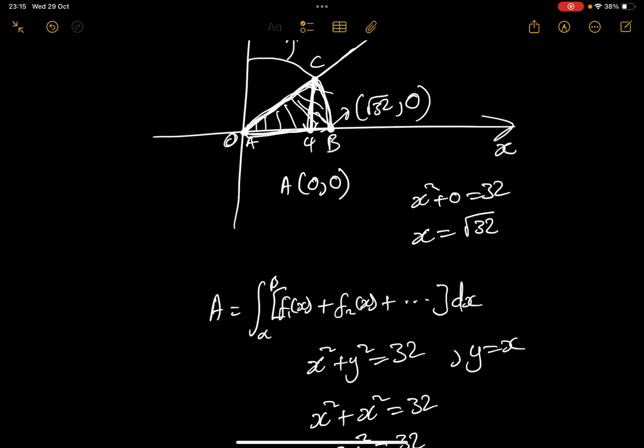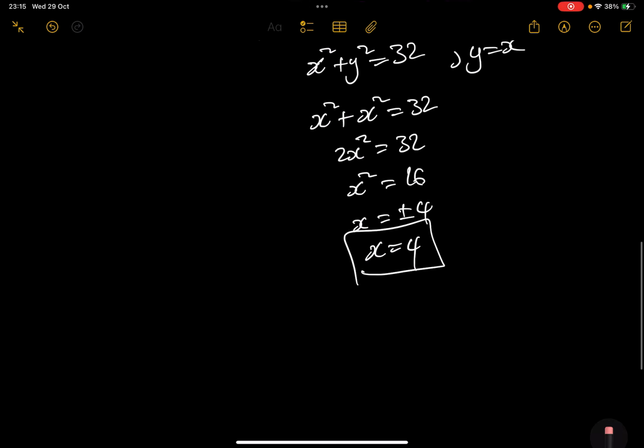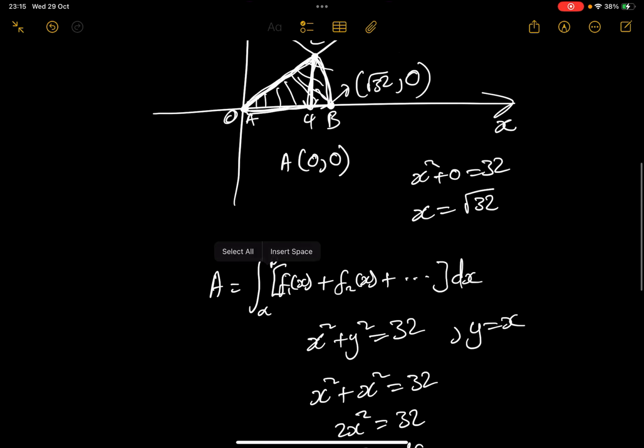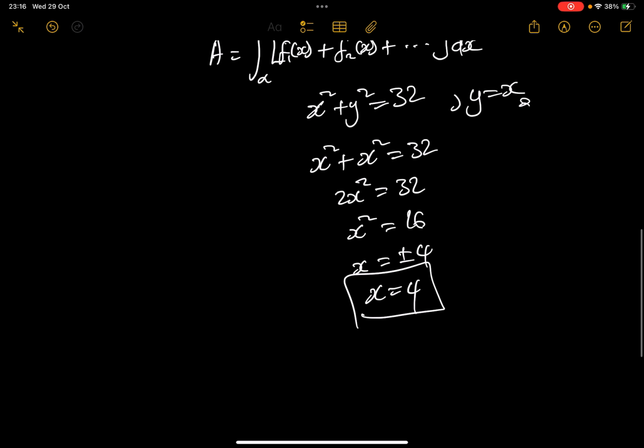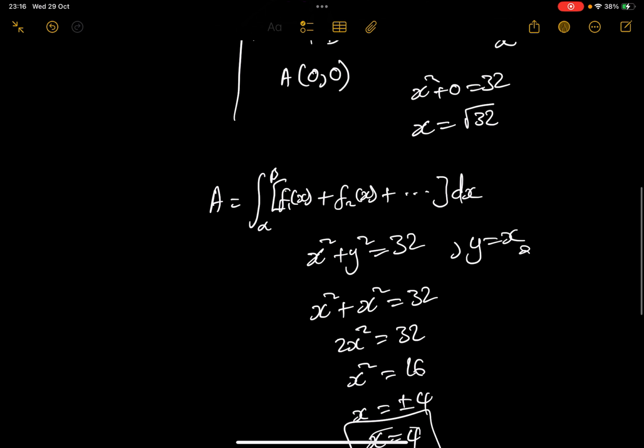So from here, how do you find the area then? We are going to find the area of this triangle. We know the dimensions, but we also need the y value to find the height of the triangle. If x is positive 4, what is y?